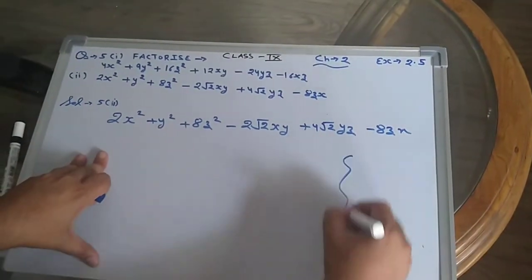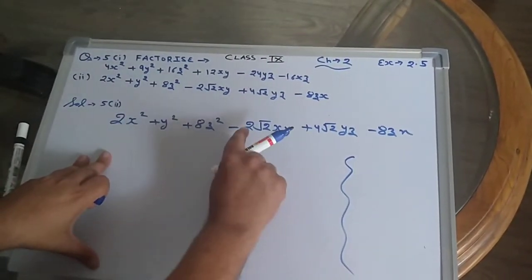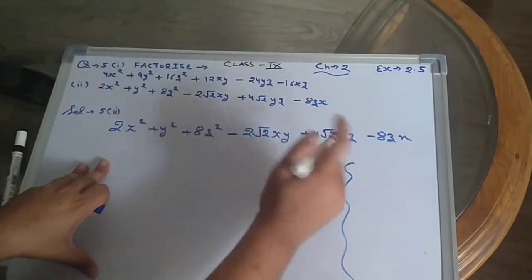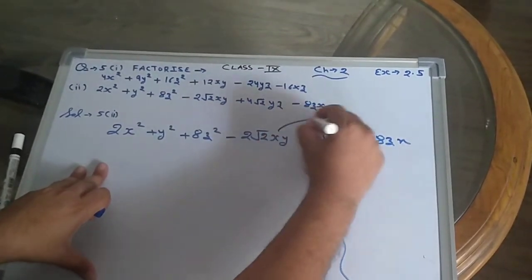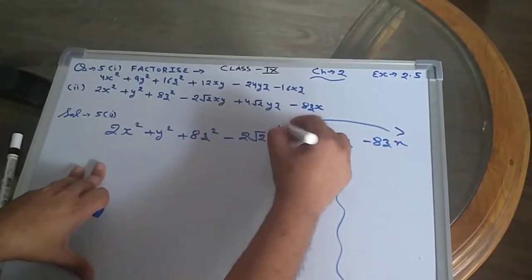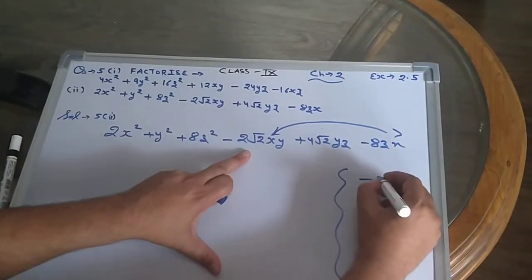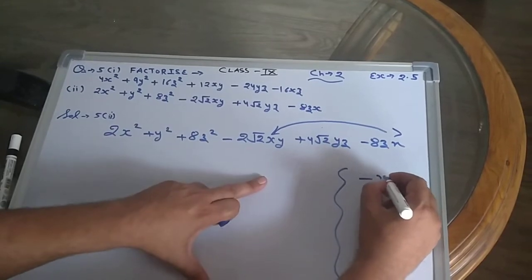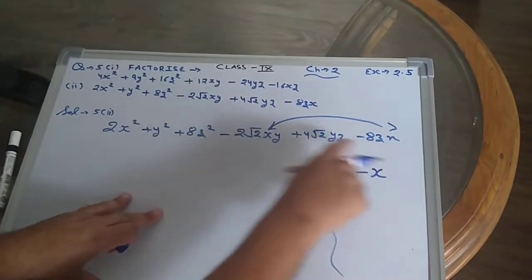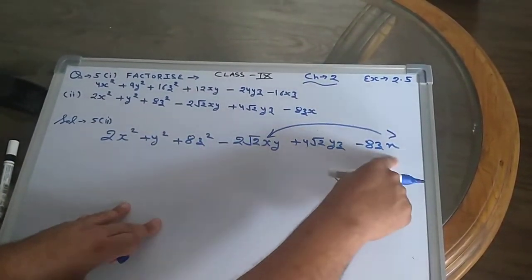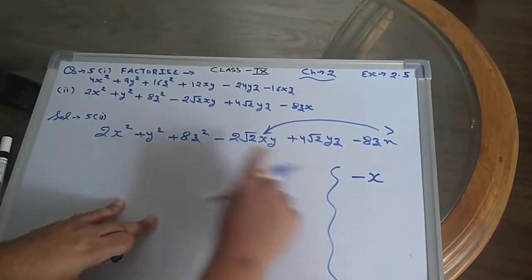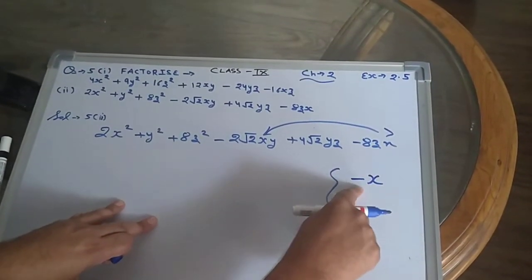Now first thing first, the minus sign in the last three terms is given with the xy and zx variables. Our common variable here is x, so I always write x as minus x in these factors, because in these two terms the x variable is common with a minus in front of it.